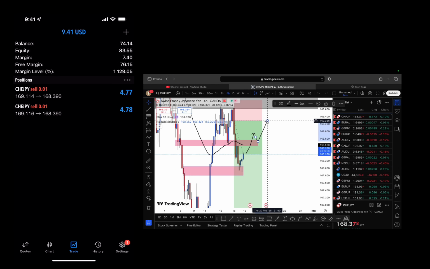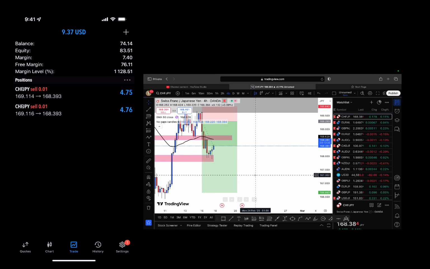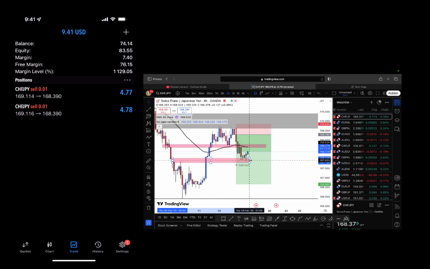So obviously, if it breaks above this level, and doesn't give me like a confirmation at this level, like a wick or a doji, I'm gonna just close out this trade on CHFJPY. But so far we're still in profits, and I can still see this trade dropping even more, even though we ran into an area of support.